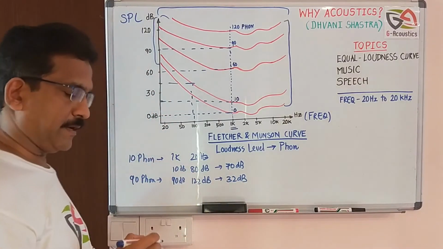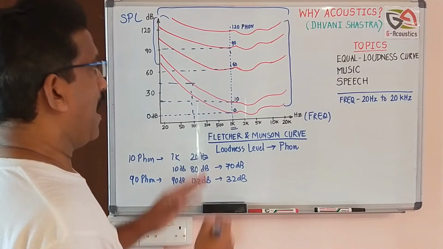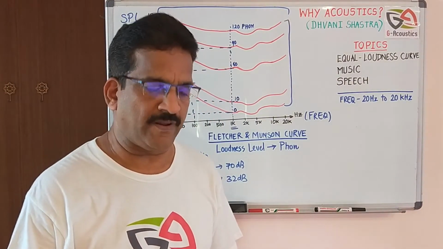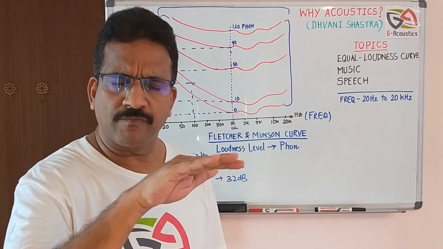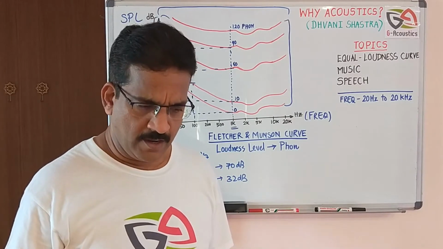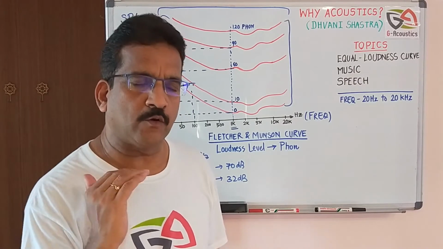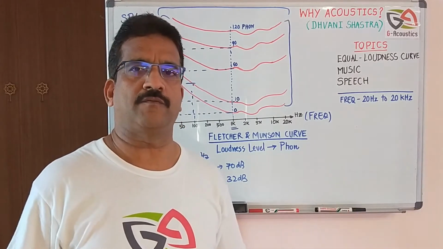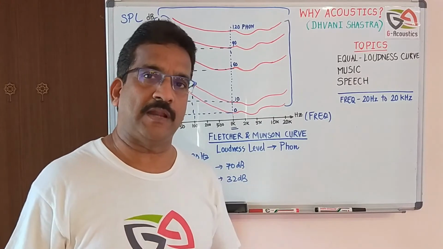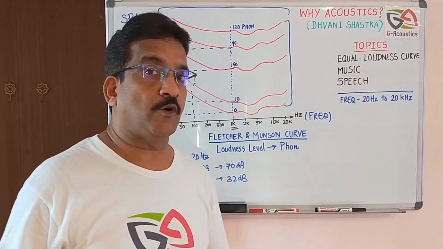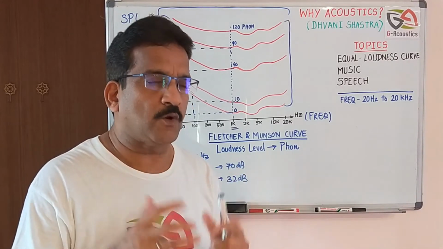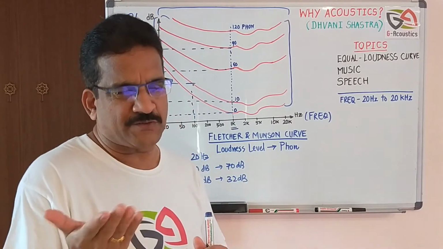So what exactly it means is, let us take that at home you have a music system. When you're playing at a medium or lower than medium level, listening to some very good music with rich content of low frequency and high frequency, you will not be able to appreciate the bass part of it, where the drums or beats will not be heard.